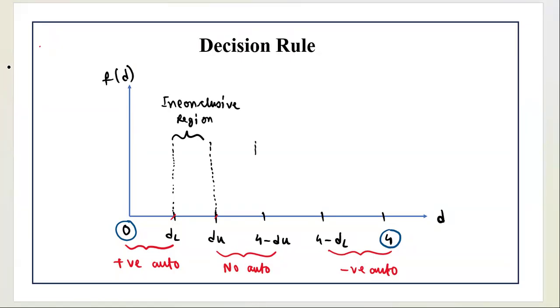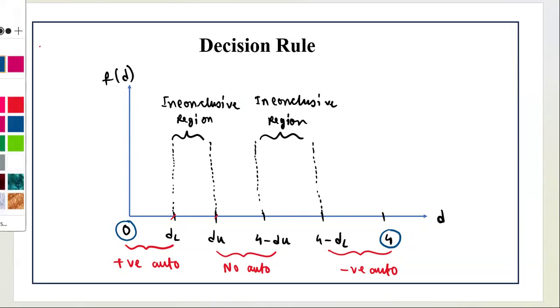And there is another region, this and this. This is also an inconclusive region, right? These are the two inconclusive regions. And this is how you depict the DW test using a diagram.